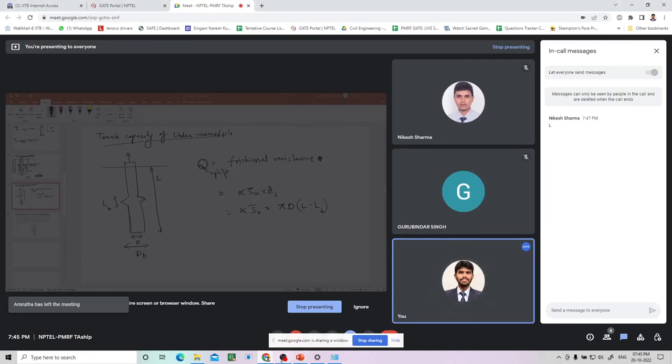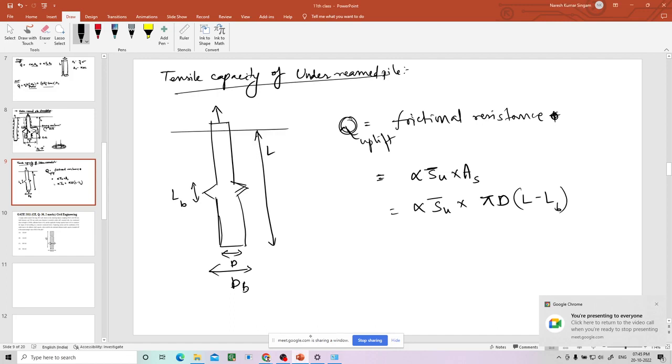It's not L, because I told you just now, only this portion and this portion will give you the resistance. This portion cannot give resistance, right? Frictional resistance cannot be developed along this LB length. That is the reason why you have to deduct that LB length. So this is the frictional resistance due to this upward load. Yes, L is correct for normal piles, but for the under-reamed pile, you have to deduct that LB portion.